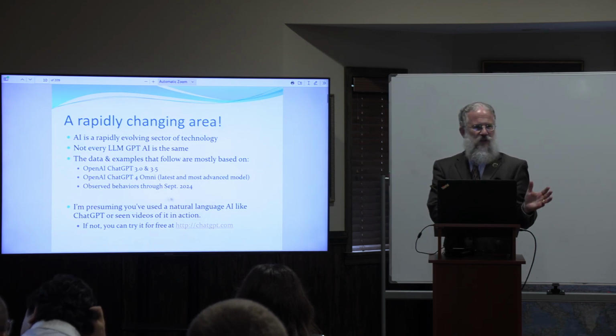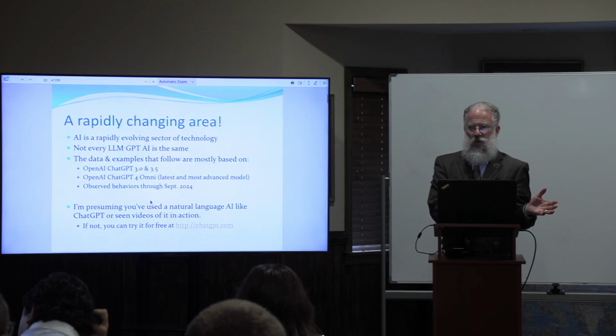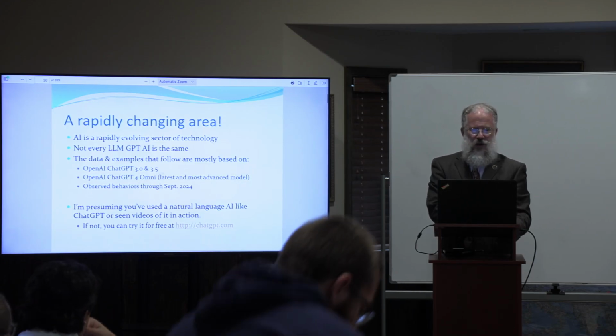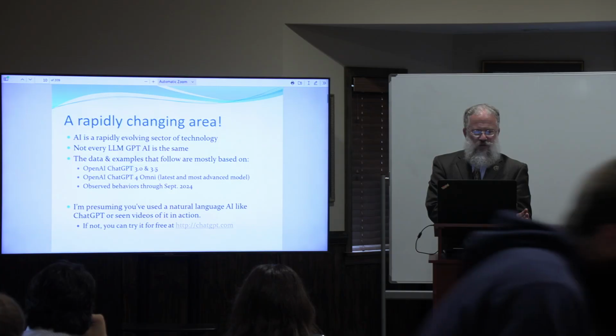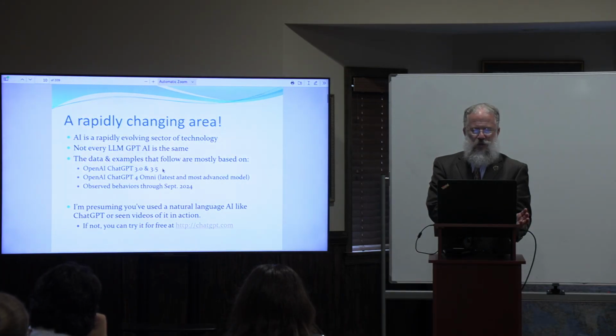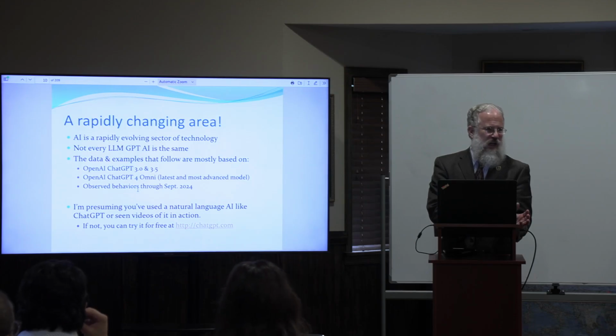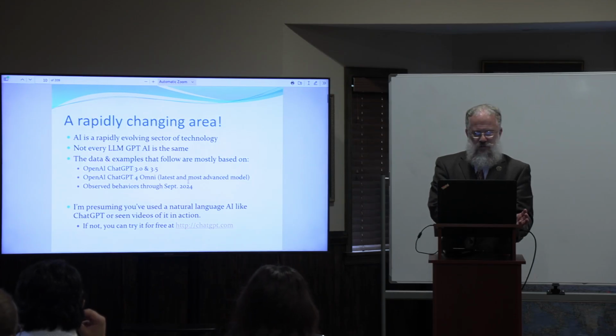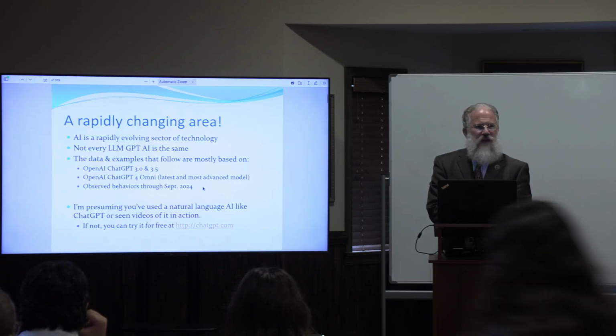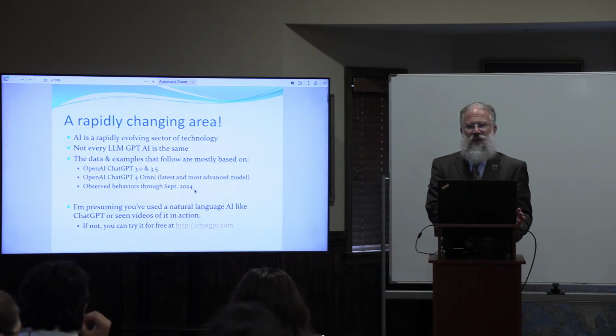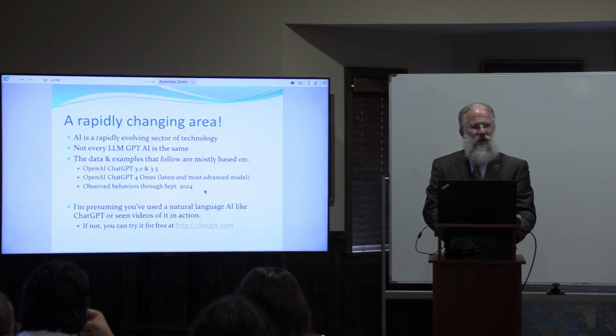I'm going to stick mostly with ChatGPT because that is the most popular one, the dominant one, and my examples in the talk are mostly based on ChatGPT 3.0 and 3.5, but I've also included examples from ChatGPT 4 Omni, which is the latest and greatest, most advanced model, including behaviors that are observed as recently as this month, September 2024.